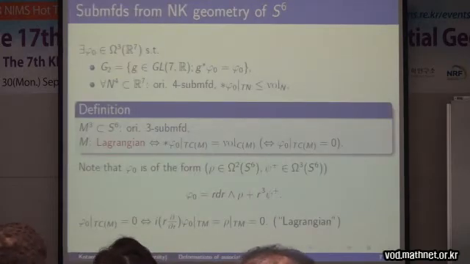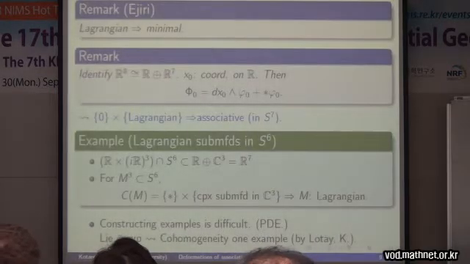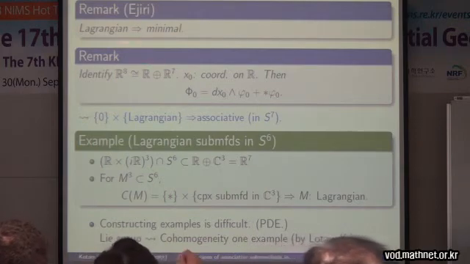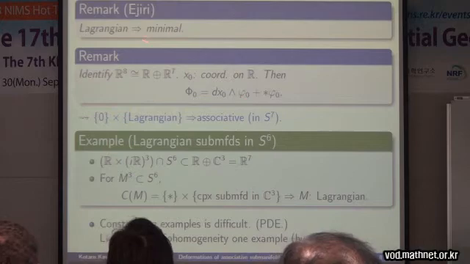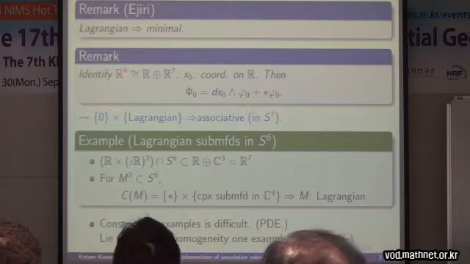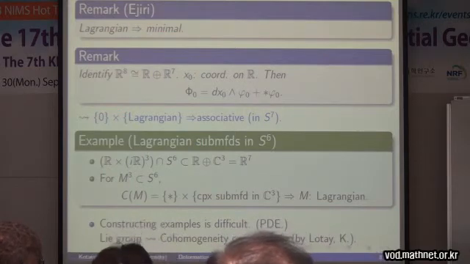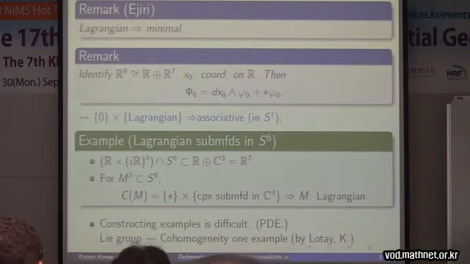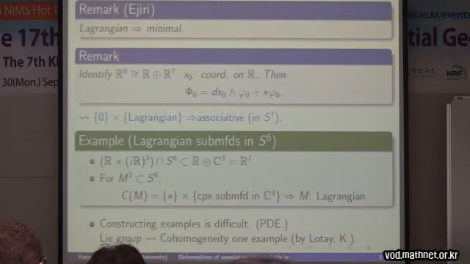Next we make some remarks. First, Lagrangian submanifolds are known to be minimal submanifolds. This fact is known by Professor Ejiri. Next we use a relation between capital phi 0 and small phi 0. Under the identification R8 equals R plus R7, capital phi 0 can be described in this way.